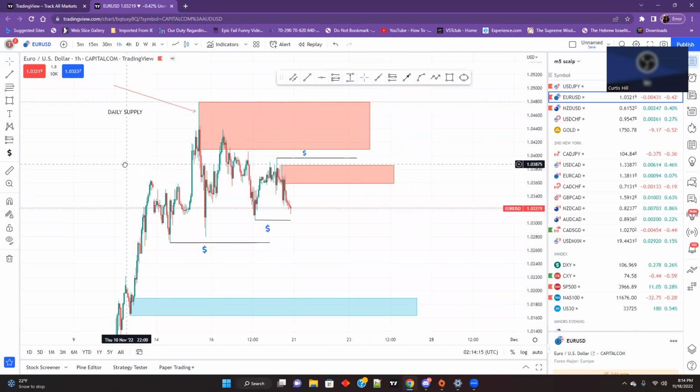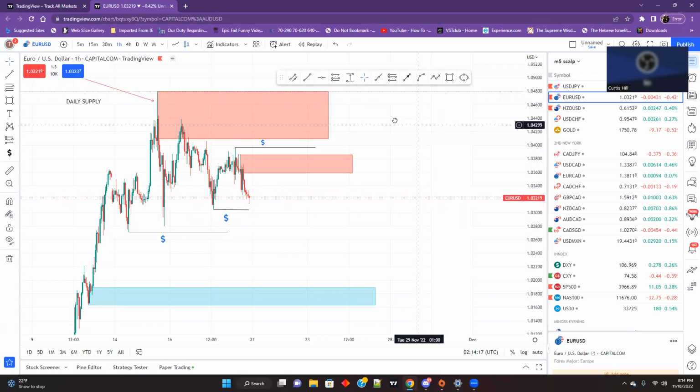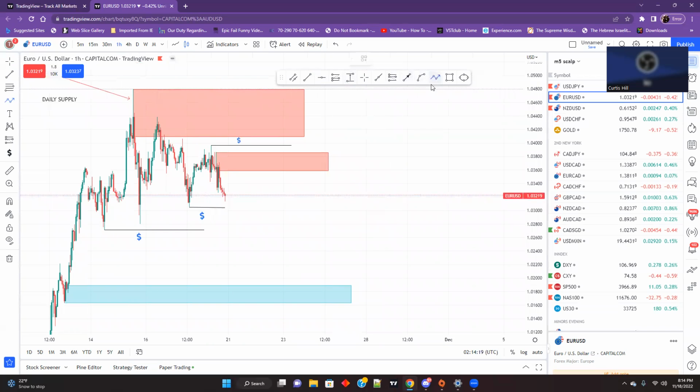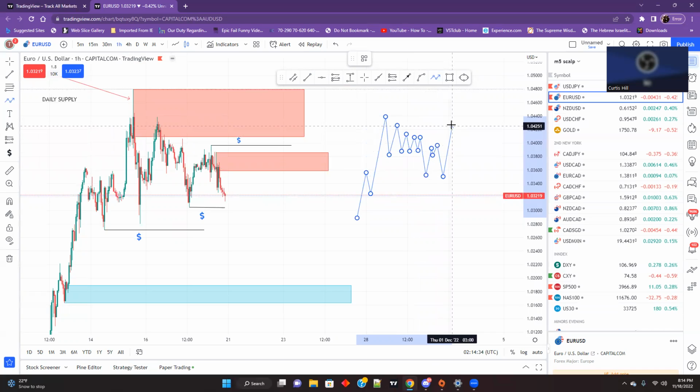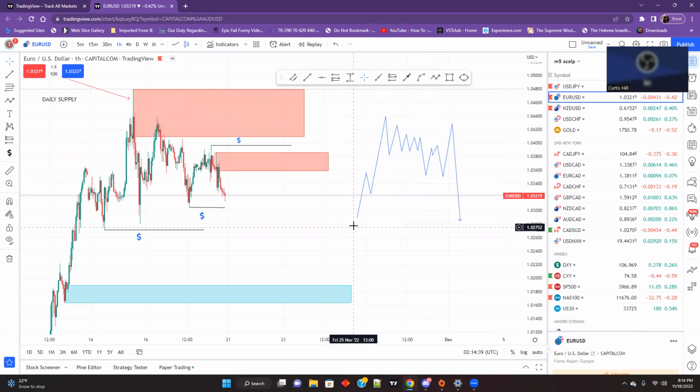Let's keep in mind a pattern: we have an impulsive move up, and then it comes down, starts failing to make lows and squeezes like that, then breaks structure, comes back again like it's doing right here. We can get a move like this, then down. This sometimes happens, especially on EU.